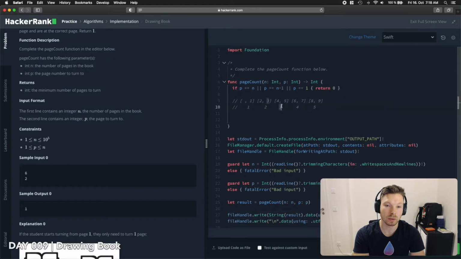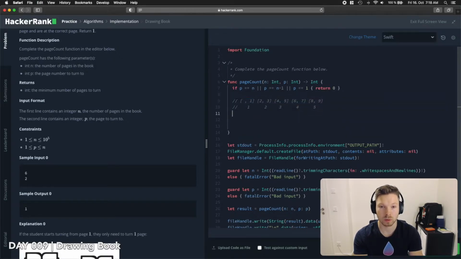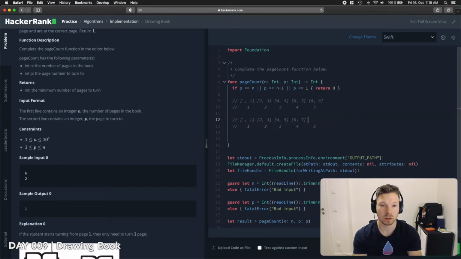It's always 2 pages. What if we just have 1 less? By 2, page number 2 we have 1.